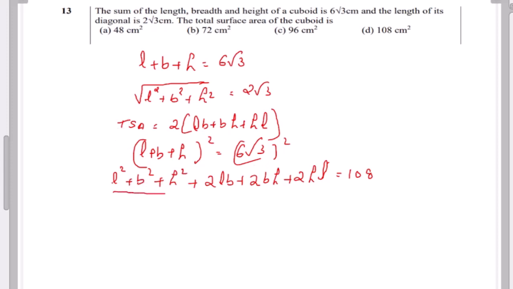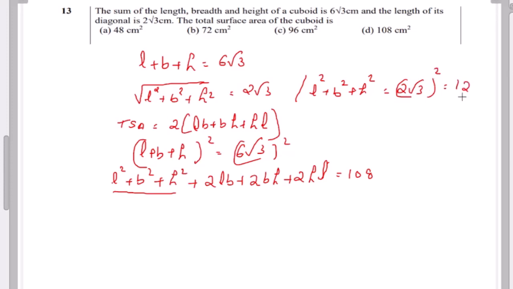Now we can substitute the value. Root of L square plus B square plus H square is 2 root 3, so L square plus B square plus H square is 2 root 3 whole square. 2 twos are 4, 4 threes are 12.